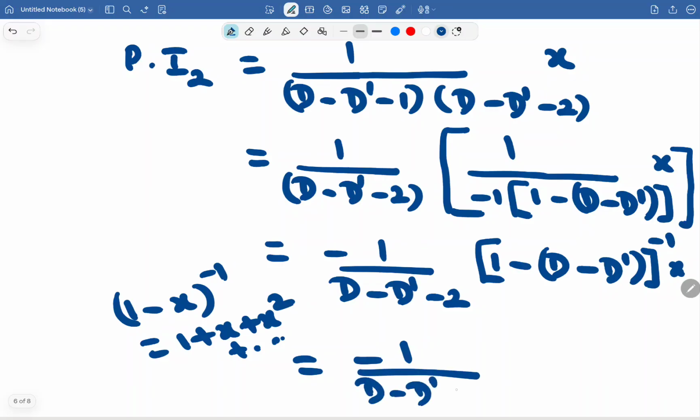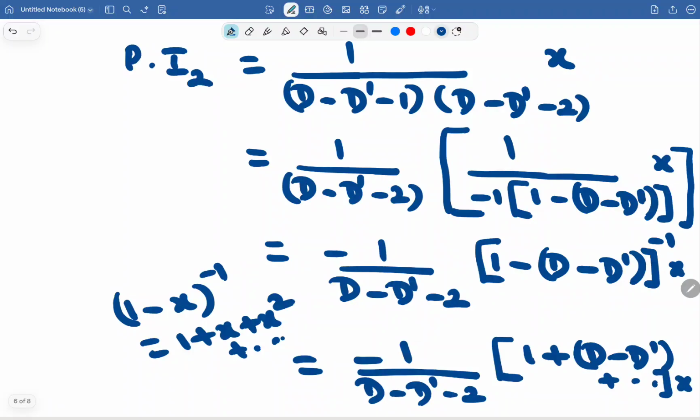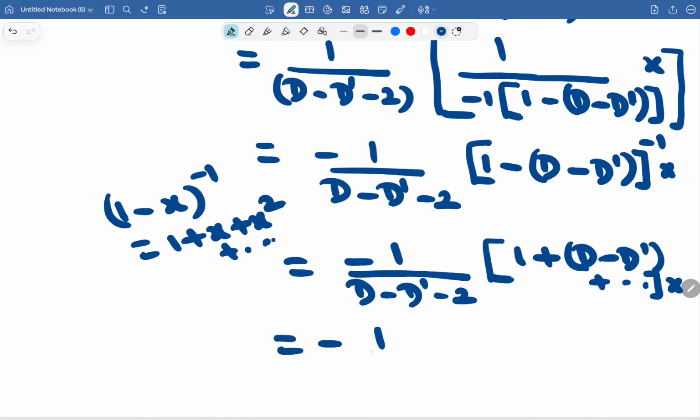So minus 1/(D − D' − 2) (1 + (D − D') + ...) into x, which is equivalent to minus 1/(D − D' − 2) (x + 1). Differentiation of x, that is D, is nothing but ∂/∂x, which is 1.